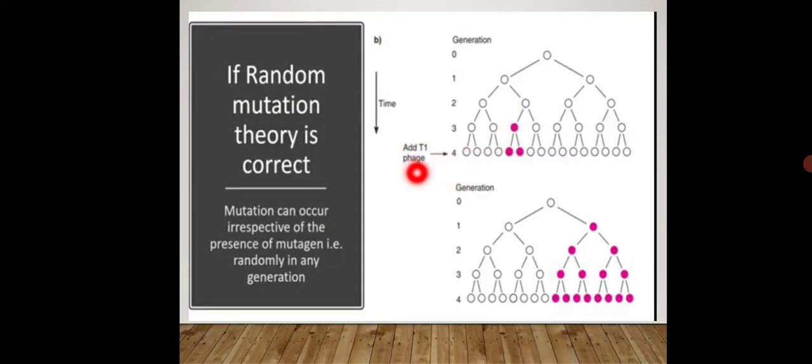But now what is my consideration? My consideration is that random mutation is correct. So if random mutation is correct, I can see mutation anywhere, not only in the fourth generation but it may occur in the third, second, first and any generation. Okay, so if I have carried out this experiment a second time, I can see mutation in any generation, and that mutation is passed to the progeny of the cell. If it takes place in the first generation, it will be carried on to the other generations also. If it happens in the third generation, it will be seen in the fourth generation too. Okay, so the rate of mutation is different.